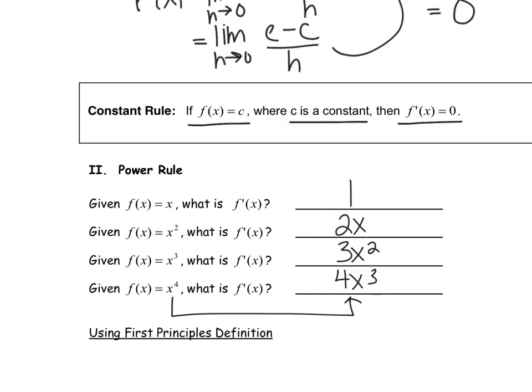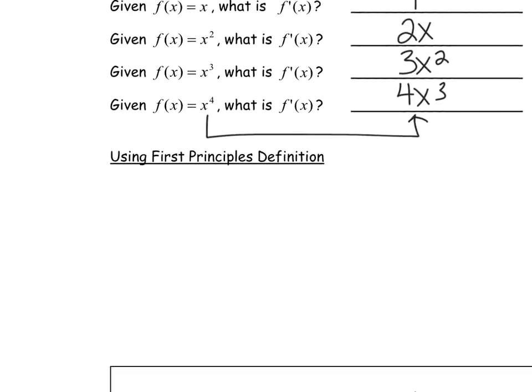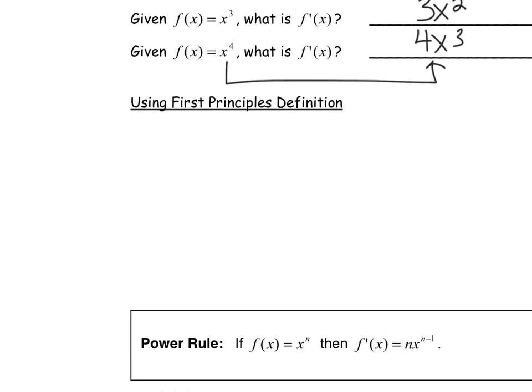We're just going to take a look at a quick proof of why this is the case. First we're going to let f of x equal x to the n, where n is a natural number.